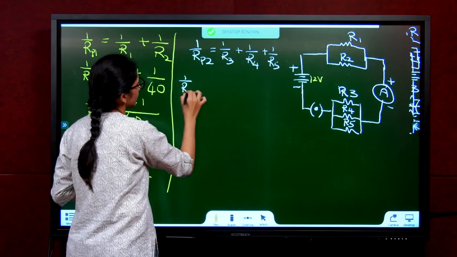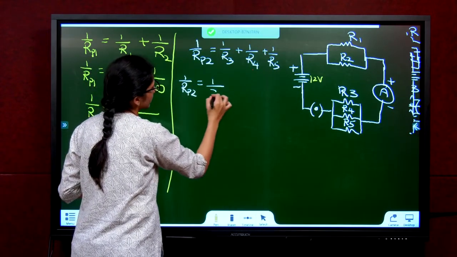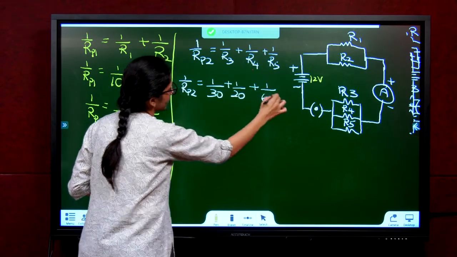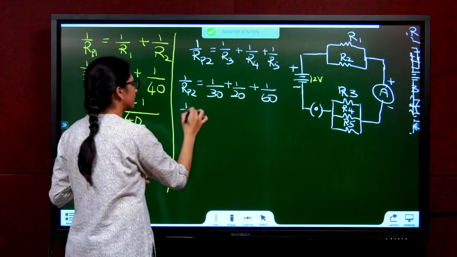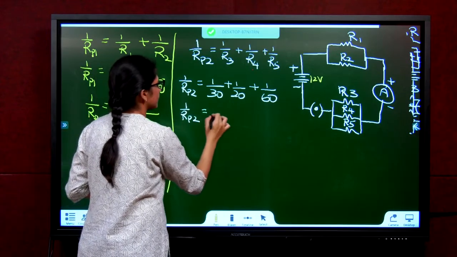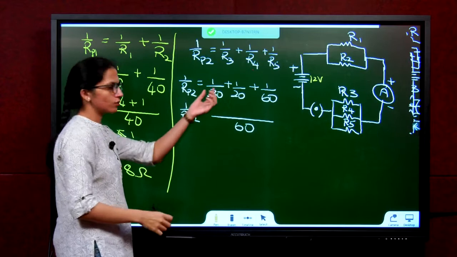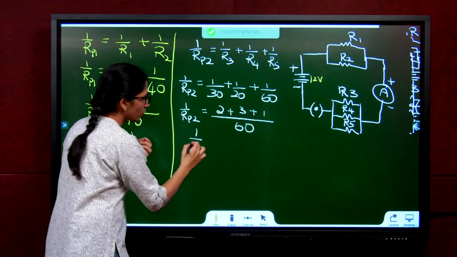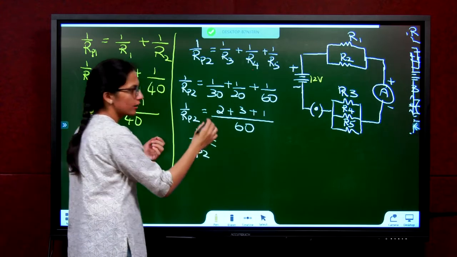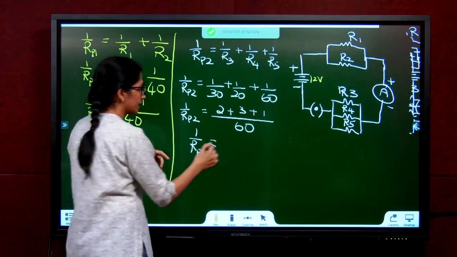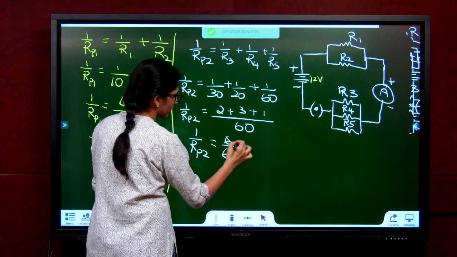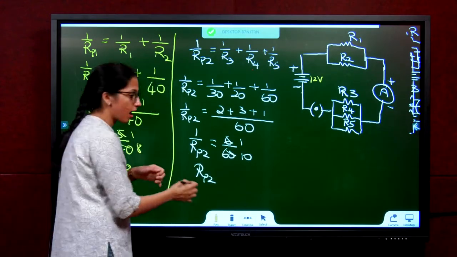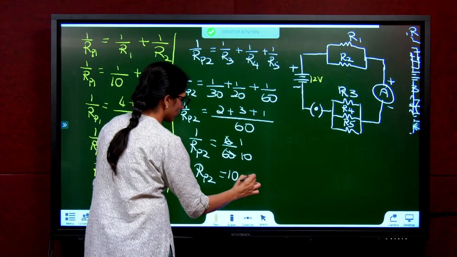Substitute: 1 by 30 plus 1 by 20 plus 1 by 60. What is the LCM? 60. So this will go with 2, 3 and this is 1. 1 by RP2 is 2 plus 3 plus 1, 6 by 60. Taking reciprocal on both sides, RP2 is 10 ohms.